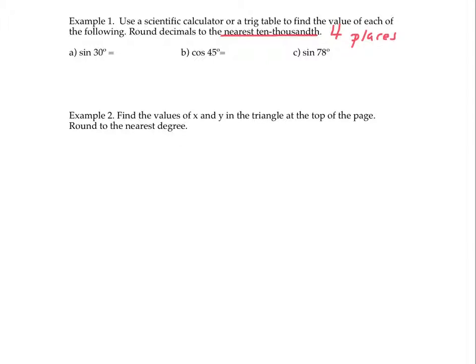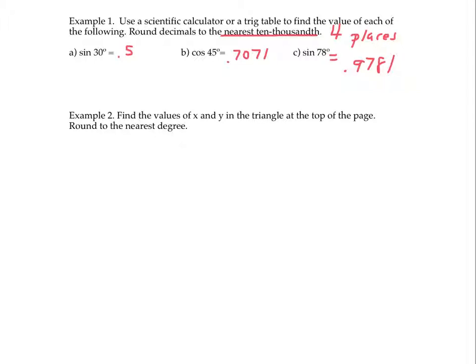On the first one, sine of 30, we just get 0.5. For cosine of 45, you should see 0.7071, so give it a try. And for sine of 78 degrees, that's equal to 0.9781.